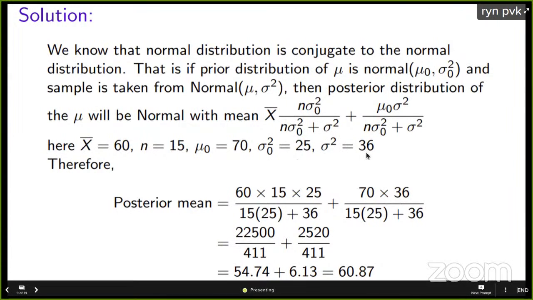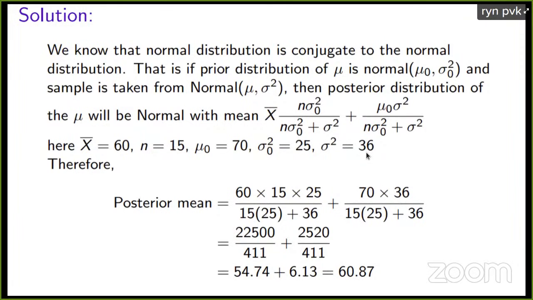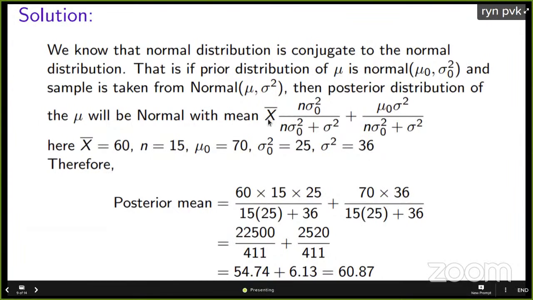And sigma square is known, which is 36. The only value which is not known is mu, and we are finding that. So the posterior mean is given by this formula. Just plug in all the values and we will get the answer 60.87.